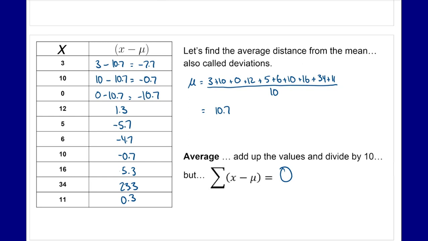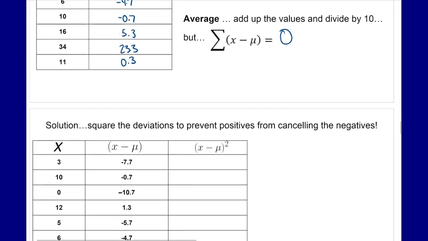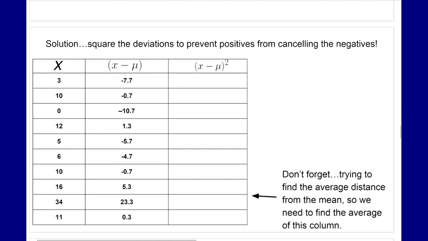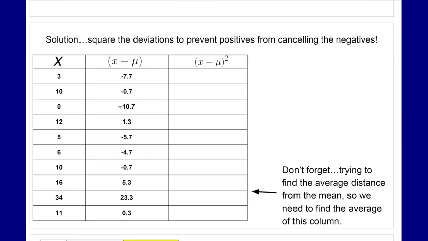So what we have to do then is square the deviations to prevent the positives from canceling out with the negatives. Right? So if we go through and square each value, we'll get rid of the negatives, so everything will be a positive number.